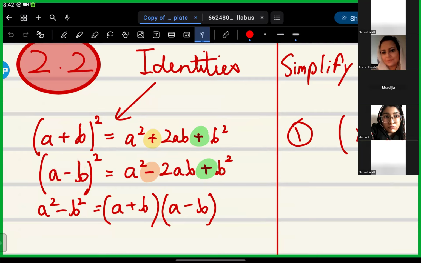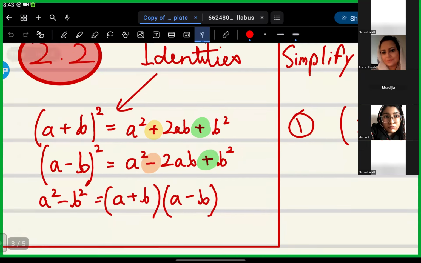You're just going to change the sign. So instead of learning these as separate identities, you can just remember that you can change the sign. So basically, a minus b whole square is equal to a square minus 2ab plus b square.